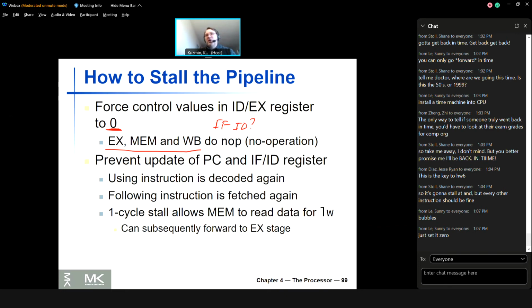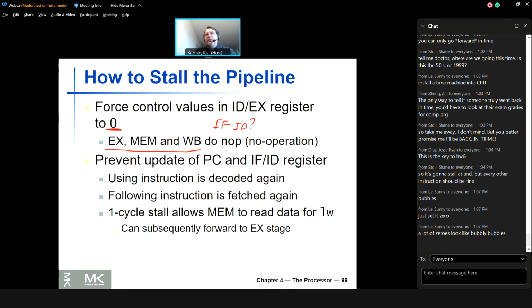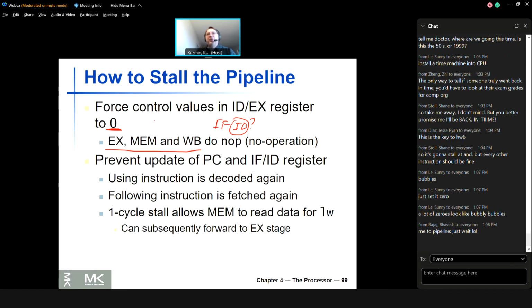No. All our instructions go through IF/ID, and we can only detect that something is going on at the ID stage, when we are trying to read the register and it hasn't been written back by the previous instruction. So IF and ID will not be NOPs. We only need to zero our control signals for these three remaining stages.